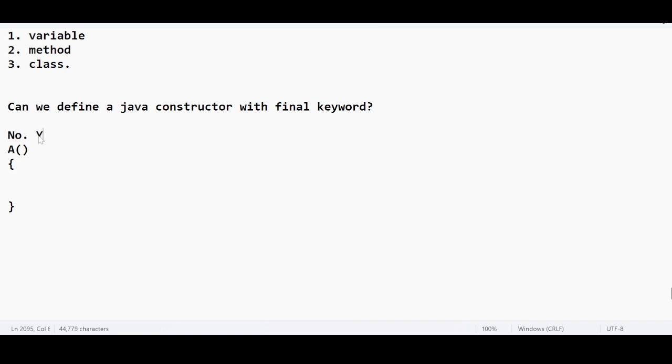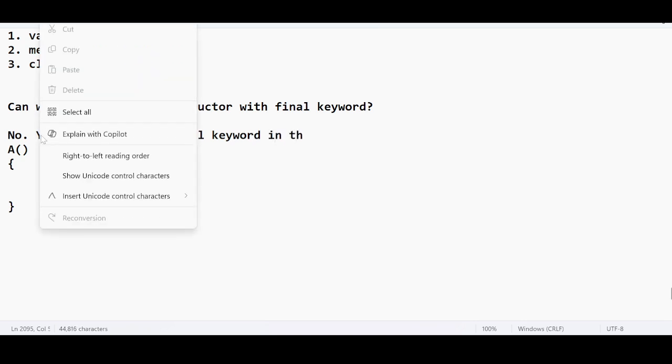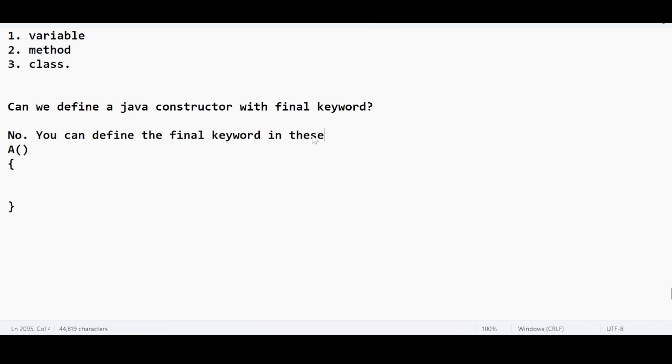You can define the final keyword only in these 3 entities: variables, methods, and classes.